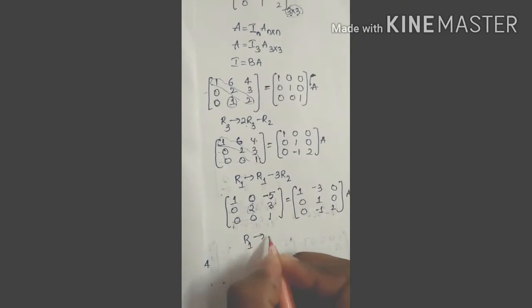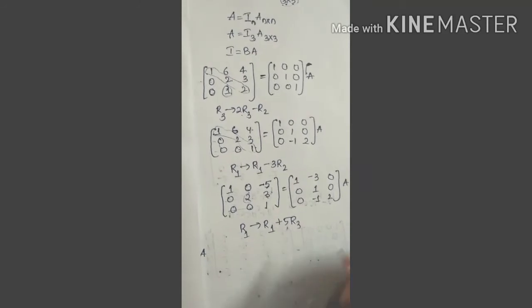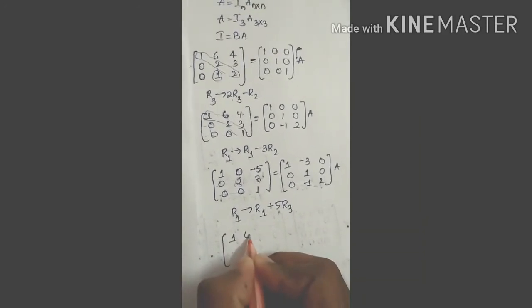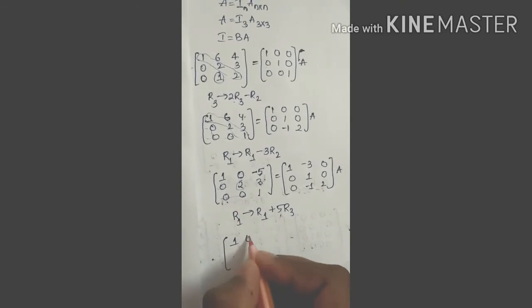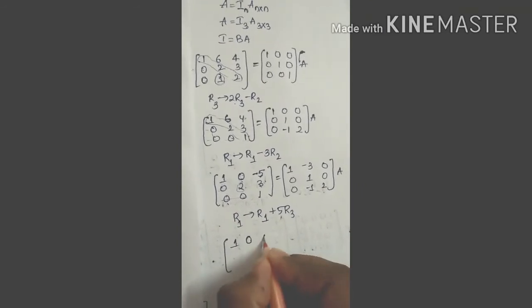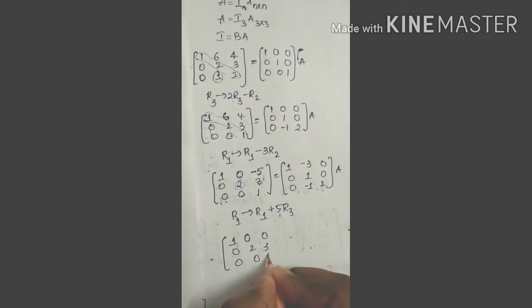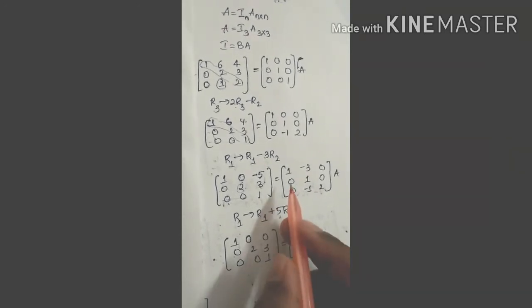R1 tends to R1 plus 5 into R3. Then first 1 plus 5 0. Here 0 will get. Next here also will get 0. Next, no changes. Here only the first row element should be changed.